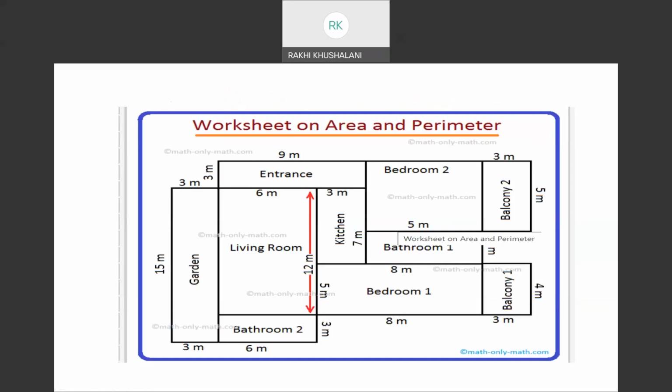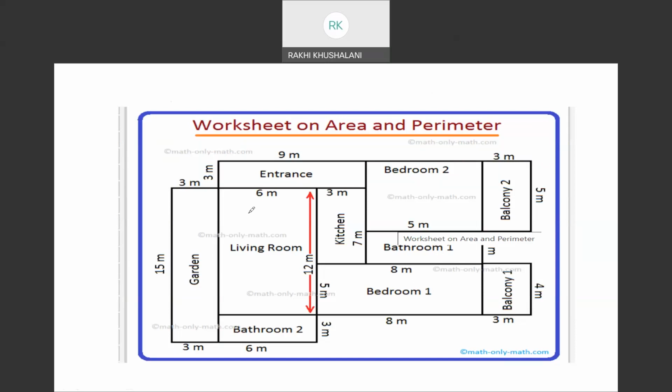Now, here I have taken one worksheet for you, worksheet on area and perimeter. I don't know how many of you all have seen this kind of maps. This is a map of a house, let's say, which we are planning to build. So the architect gives me a layout of this particular house that we want to build. Of course, this is just a general idea that the architect is giving me.